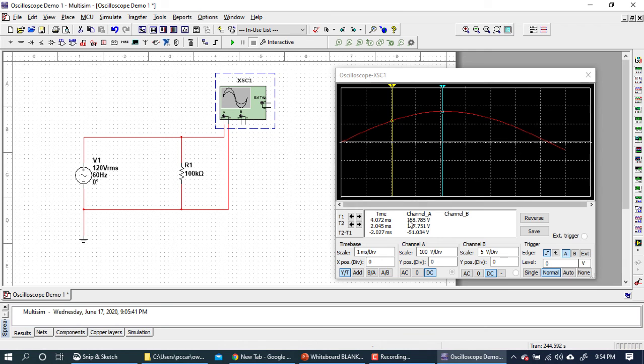And if you look at the voltage at cursor number 2, because that's halfway. Remember, cursor number 1 I don't have in exactly the right spot. It should be 169.3, 0.4, something like that. Okay.